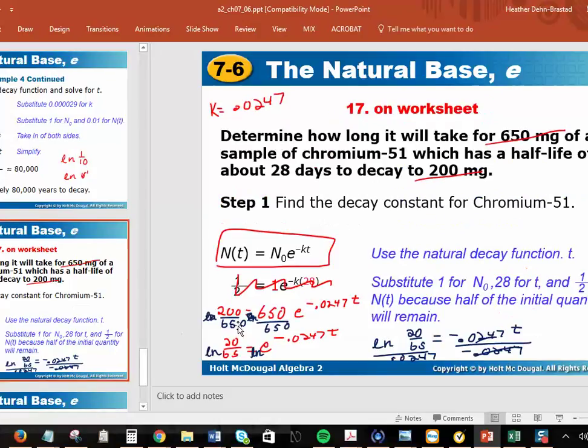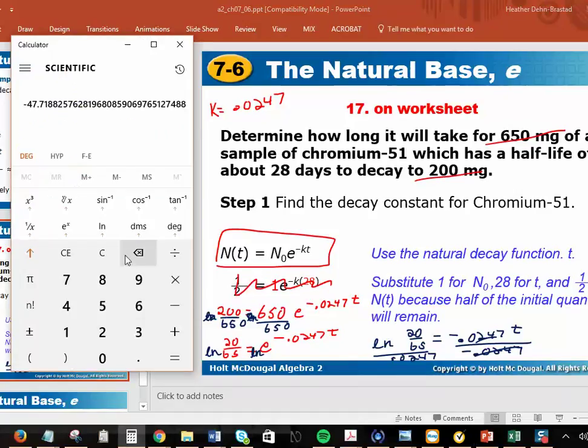I should have got a negative when I took the natural log of 20 over 65. It's a negative, okay, and then I'm dividing by, I see my mistake, negative 0.0247, so I get a positive 47.7 days.